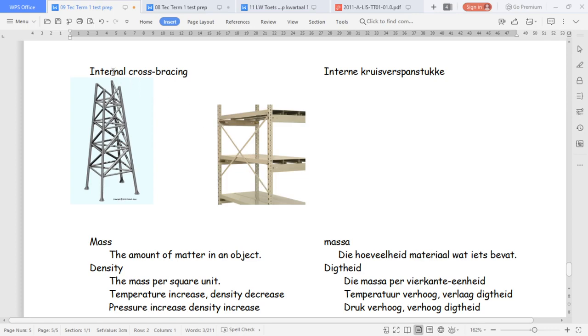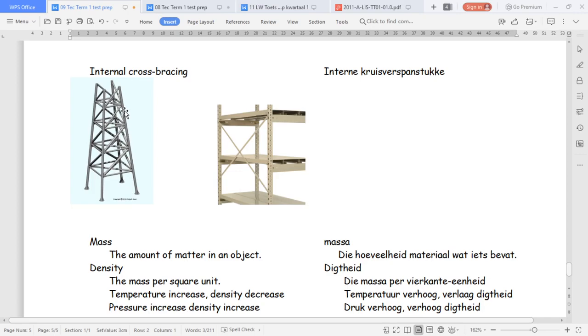Okay, nou kry ons triangulation, wat met driehoeke werk. So triangulation works with triangles to make a structure stronger. Interne kruisspanstukke, internal cross bracing. So it's internal, it's inside the structure.